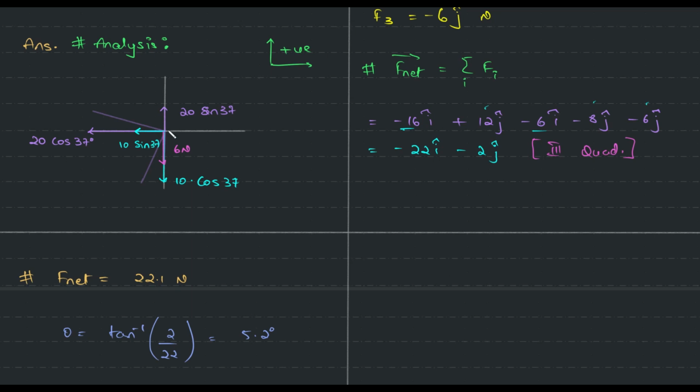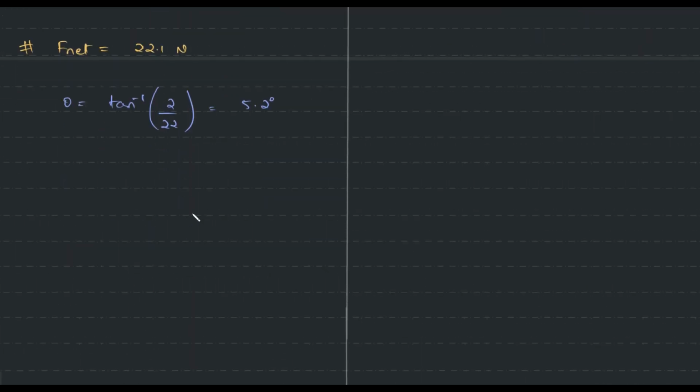So basically it would be 5.2 degrees something like this, but since it's in the third quadrant, it will be pointing this way. So your resulting vector would look something like this. Say 5.2 degrees will be somewhere over there, so your resulting vector would point in this direction.